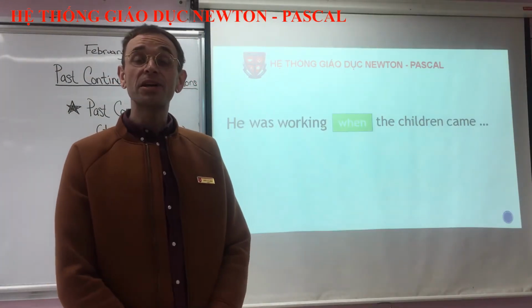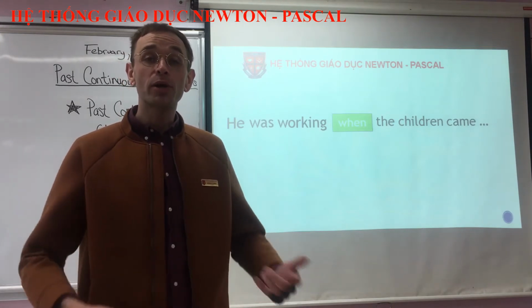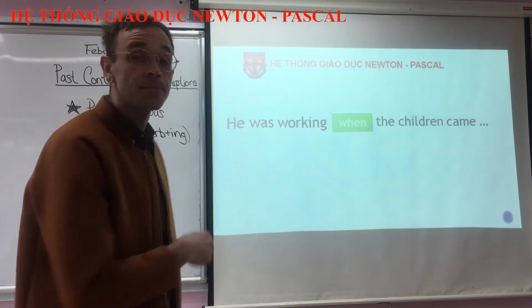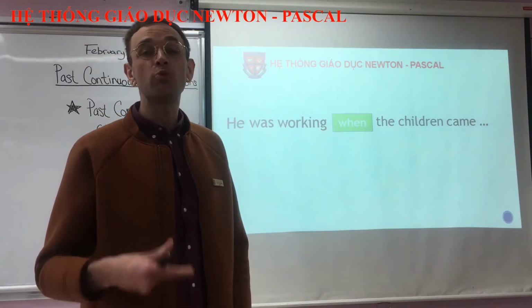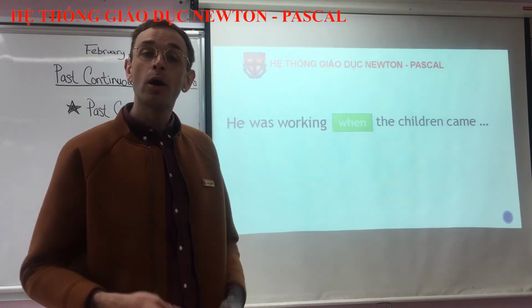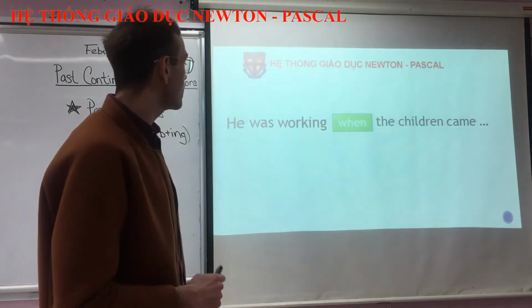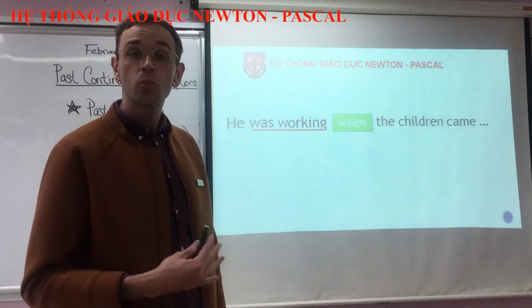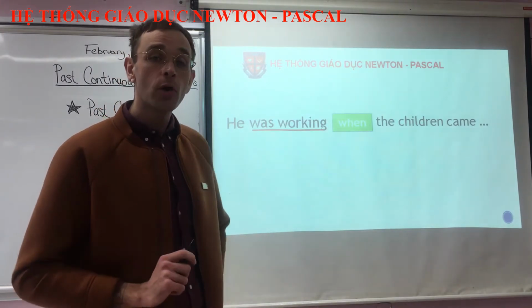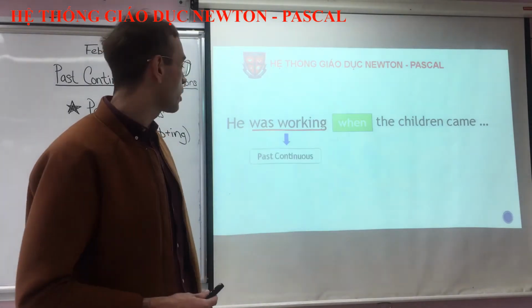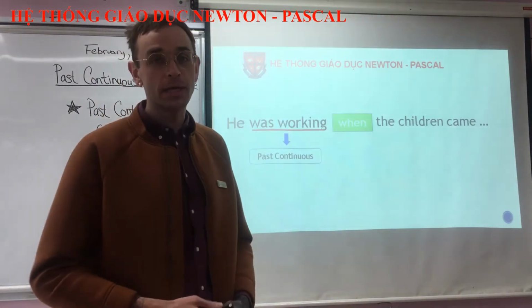Okay, let's take a look at our sentence again. We are going to begin by taking a look at the first part of our sentence, just the part that says he was working. Now, what is the verb here? Well, the verb is was working. And what form is this verb in? Well, it is in the form of past continuous.